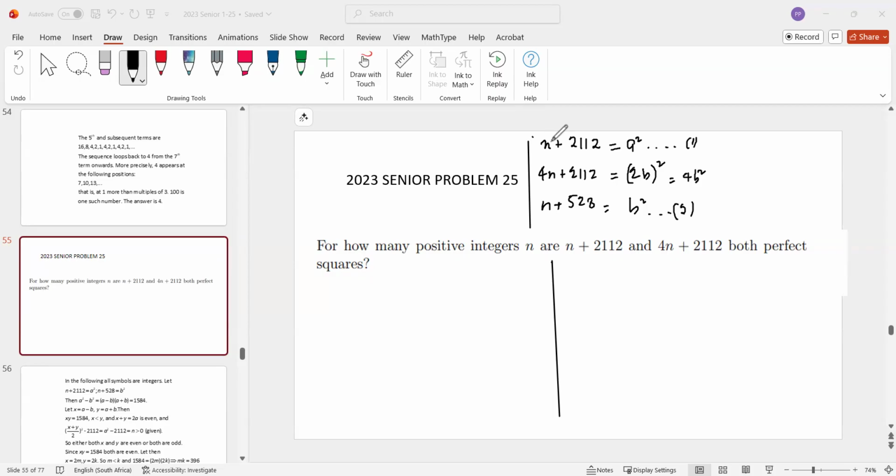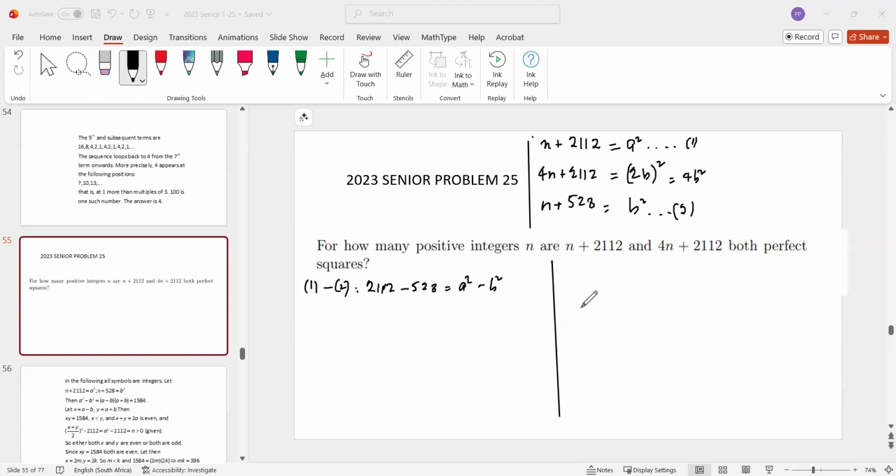now I can eliminate the n by subtracting. So let's look at this, equation 1 minus 2. n minus n will cancel off, and you get 2112 minus 528 is equal to a squared minus b squared.